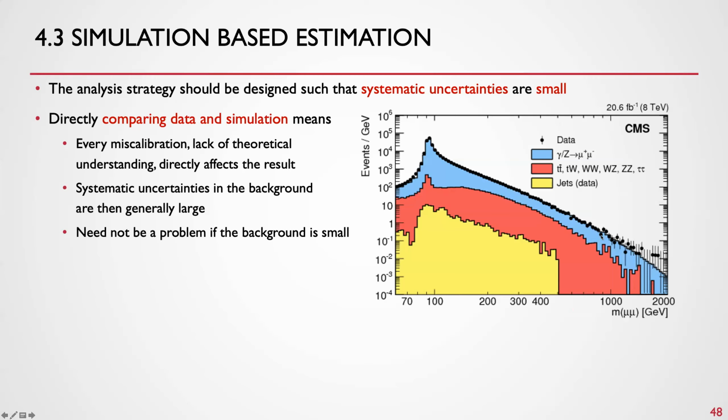To understand that this fluctuation is purely statistical requires you to fully understand the systematic uncertainties of all aspects of the reconstruction. In particular, as is done here, if we directly compare data and simulation, it means that every miscalibration of the real detector, every lack of theoretical understanding directly affects the result.